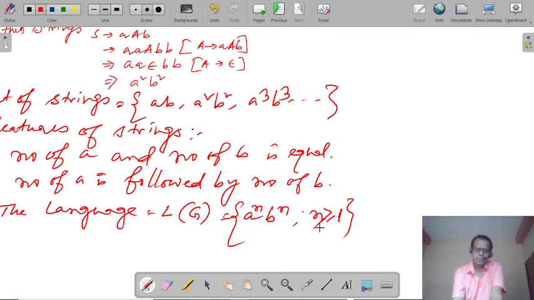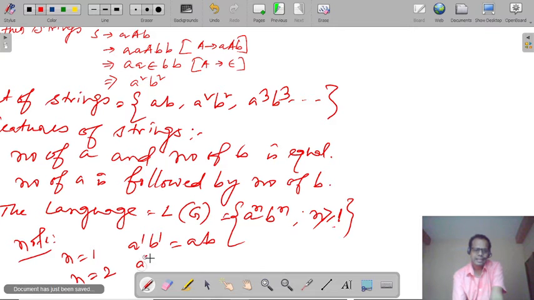So if we consider the n value is 1, then the string will be a to the power 1, b to the power 1, that is equal to ab. If the n value is 2, then a square, b square. If the n value is 3, then the string will be a cube, b cube.